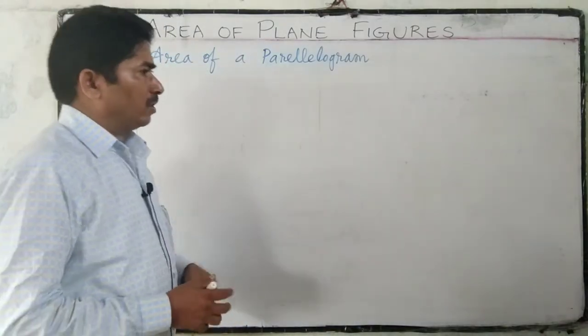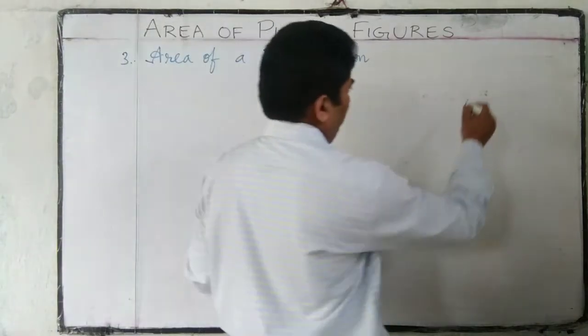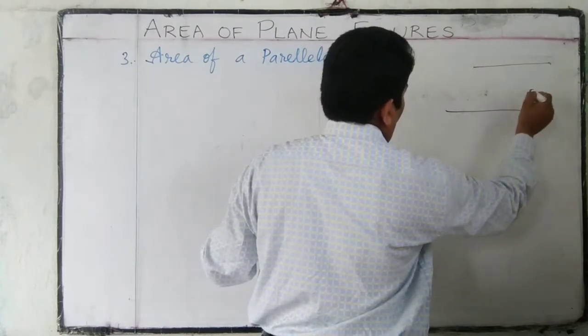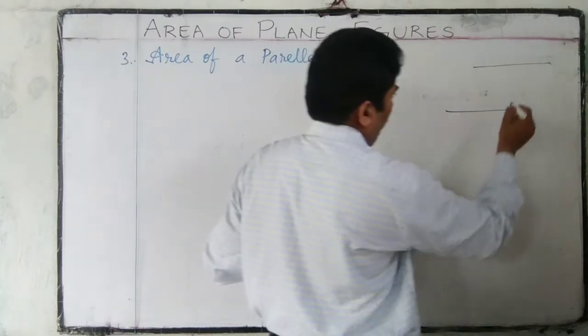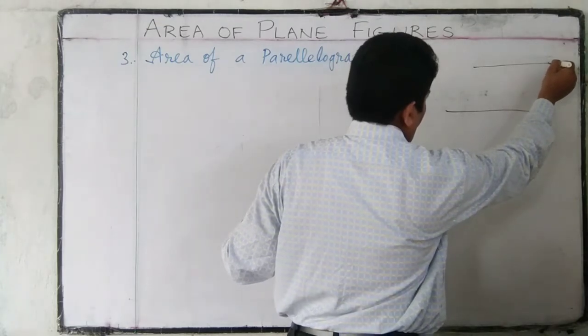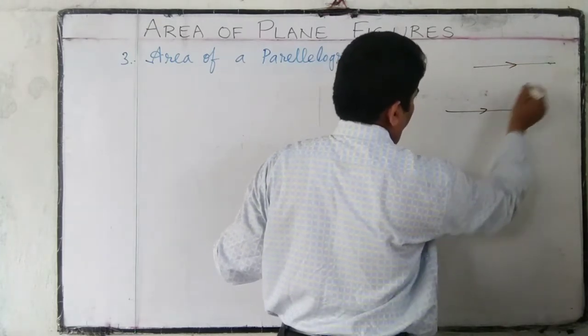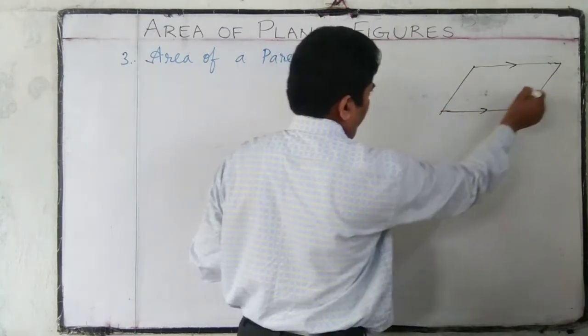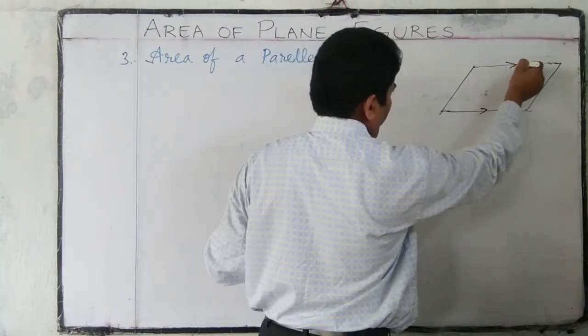Area of a parallelogram. To understand this, let us draw a figure. In this quadrilateral, two pairs of opposite sides are parallel and equal.